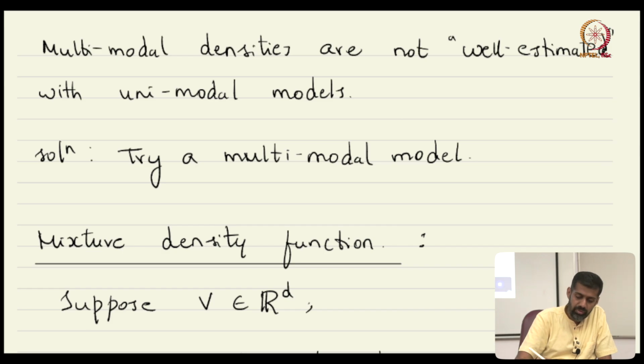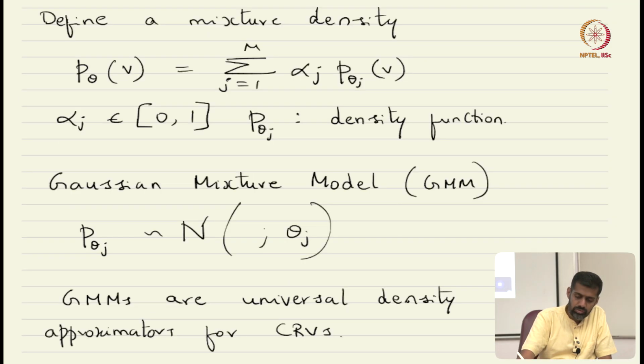We define a mixture density as follows. p_theta of V is defined as the sum from j equals 1 through m of alpha_j times p_theta_j evaluated at V, where the alpha_j's are numbers between 0 and 1 and p_theta_j is a density function.